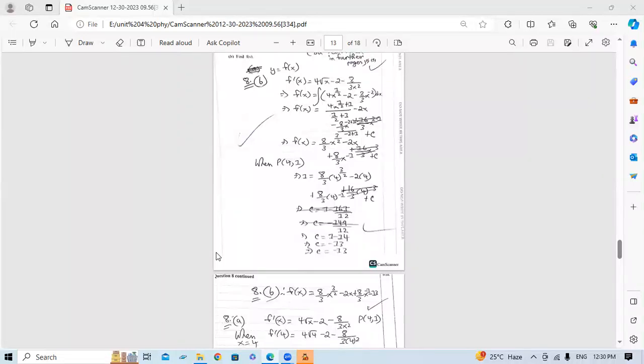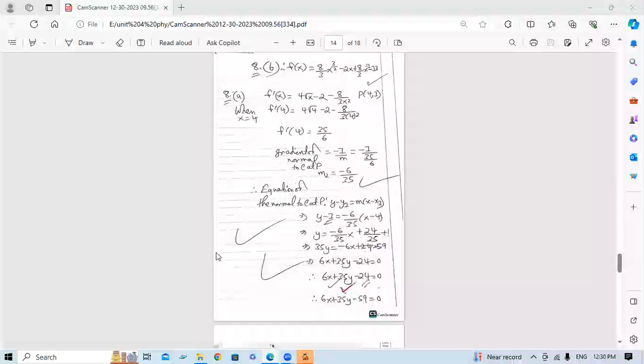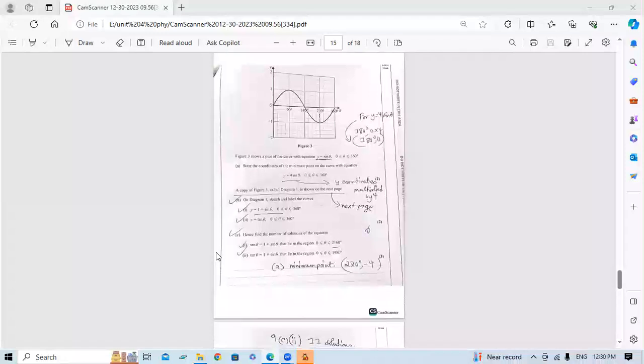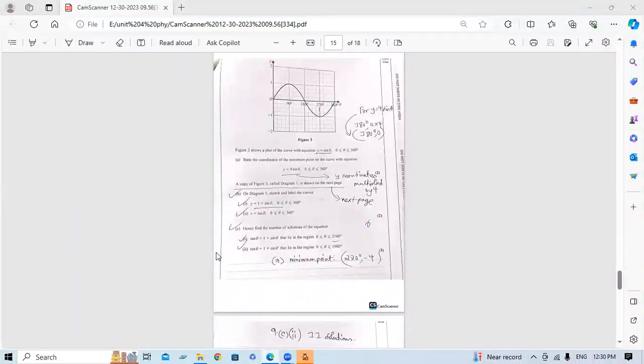Okay, let's move on to question number 9 then. In question number 9, it has been given that figure 3 shows a plot of the curve with equation y equals sine theta, 0 is less than theta less than 360 degrees.